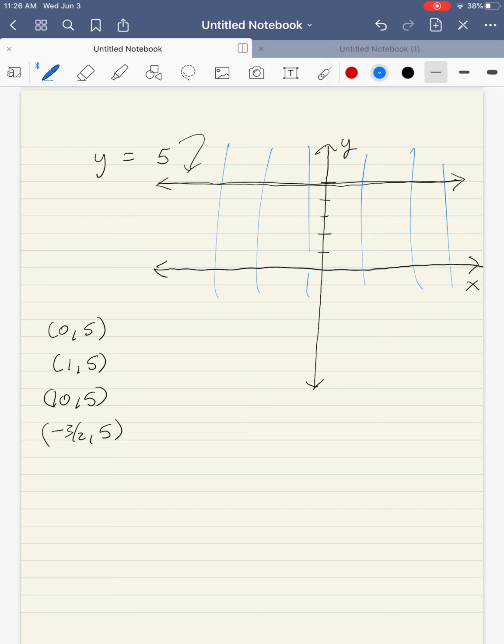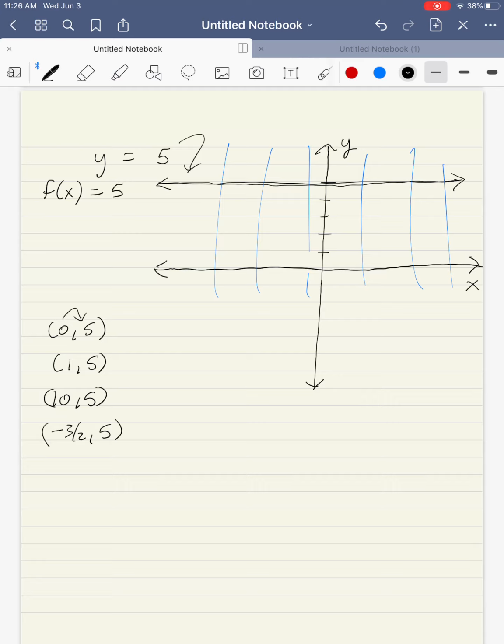This is a function because it passes the vertical line test. So every x that you could think of maps to exactly one number. It happens to be the same number every time, but it is only one number per x. So this is a function.